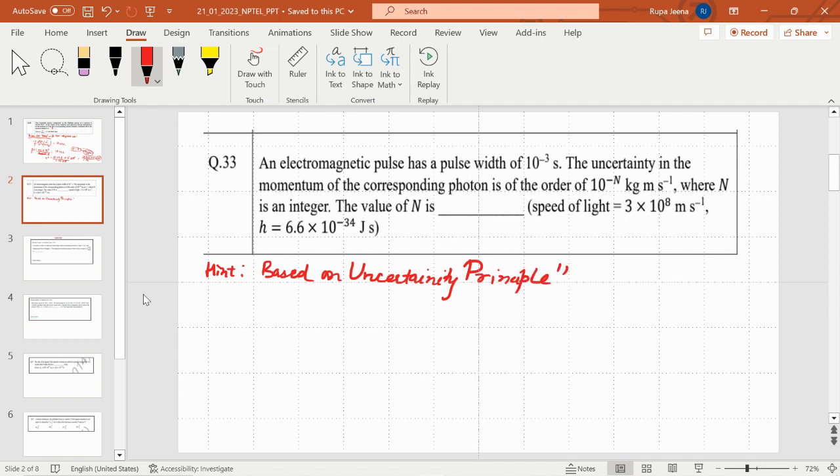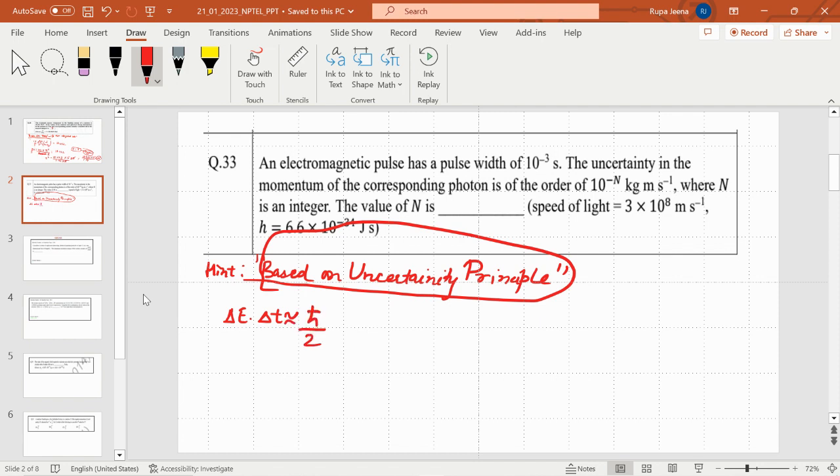Try to incorporate both formulas, the Heisenberg formula, and you'll get the answer for this. Tell me the answer of this question.